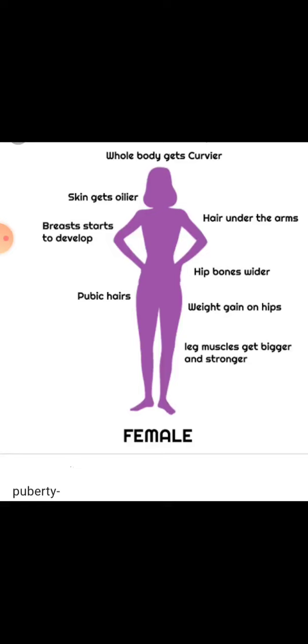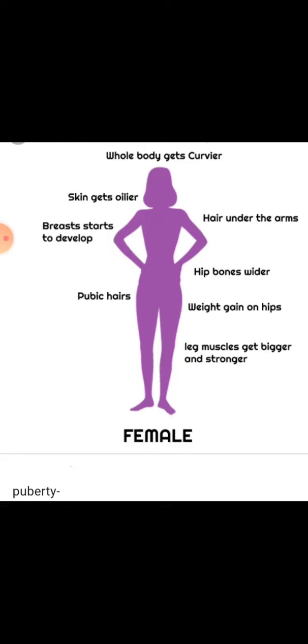Girls usually attain puberty between the age of 10 to 13 years. There is a sudden increase in growth as they gain height very quickly. Puberty in girls is characterized by the enlargement of breasts and broadening of the pelvic region.